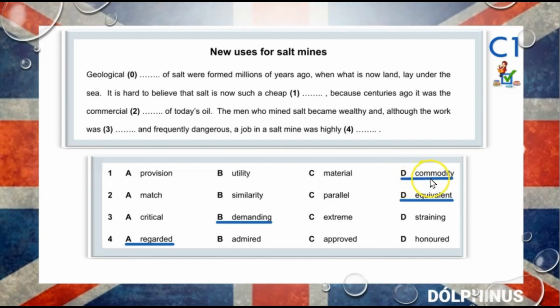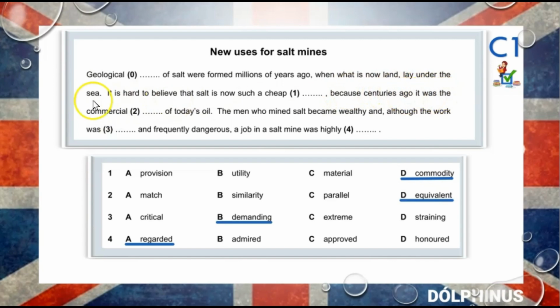For example, commodity means material, but raw material, primary product that is sold and can be bought. It's giving you an extra meaning to C, material. Equivalent means identical in effect, and that's what they're doing here.